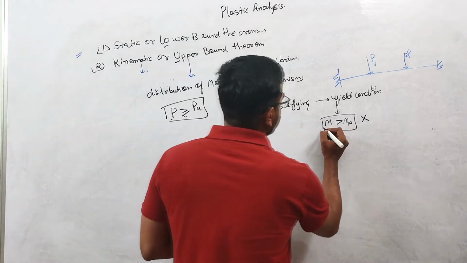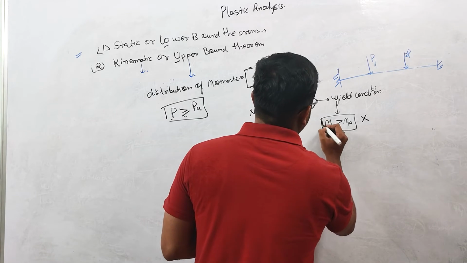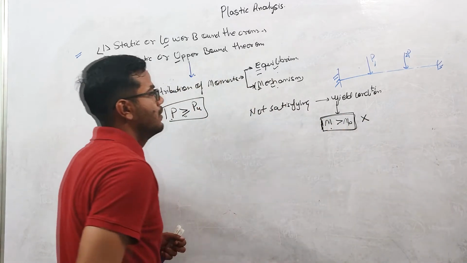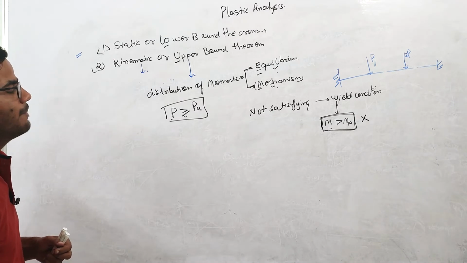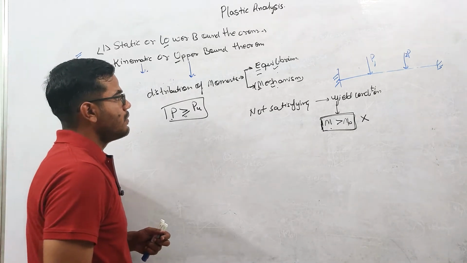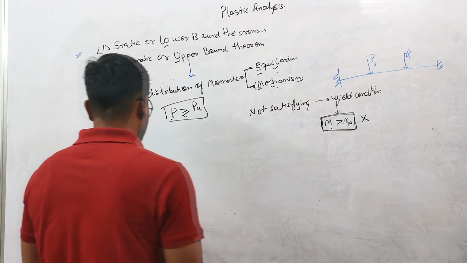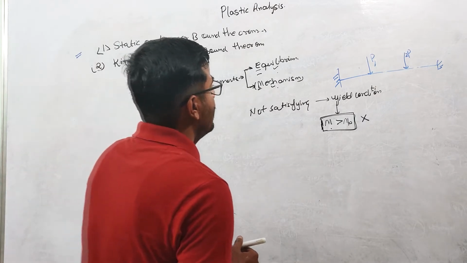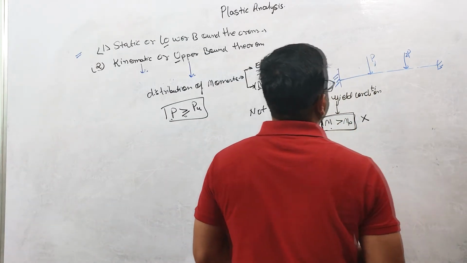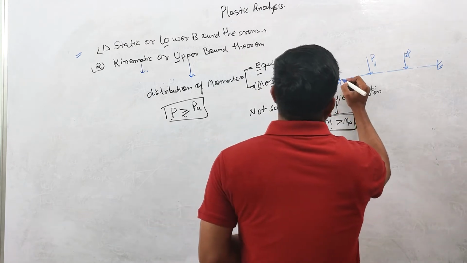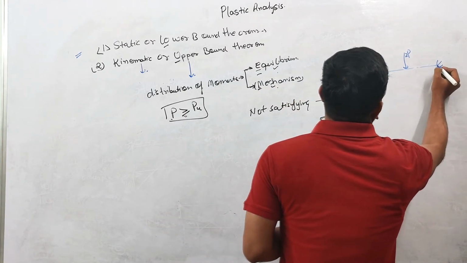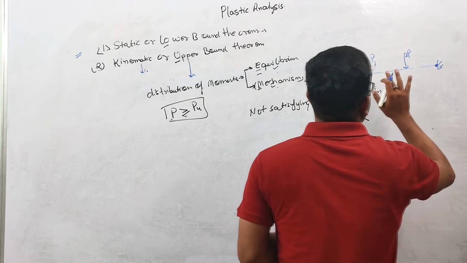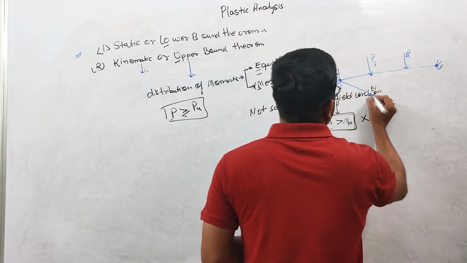You need to reduce the load. Okay. So again, let us suppose that this is a fixed beam. So one mechanism is that the hinge is forming at this point and this point. Okay, hinge will form. One mechanism is this.